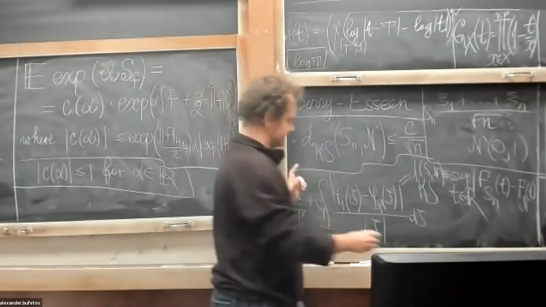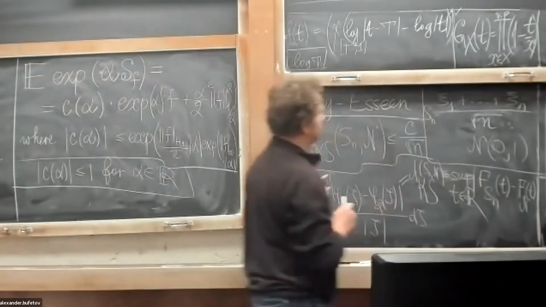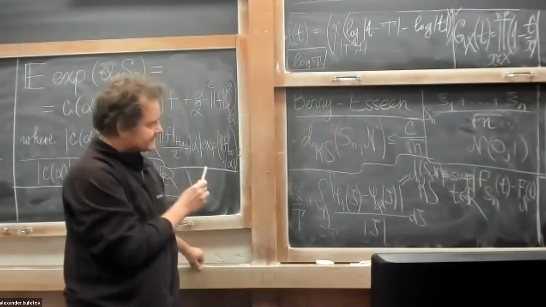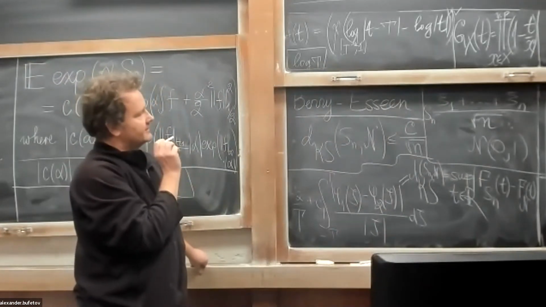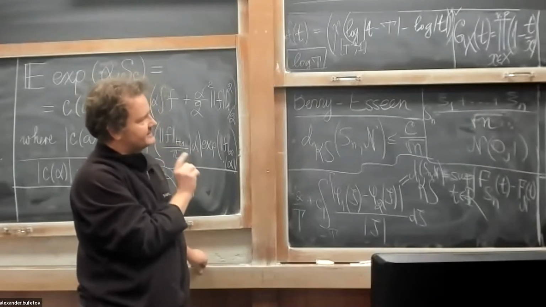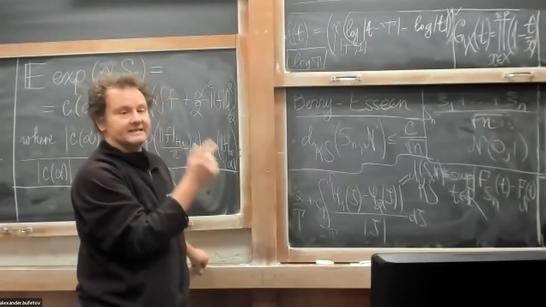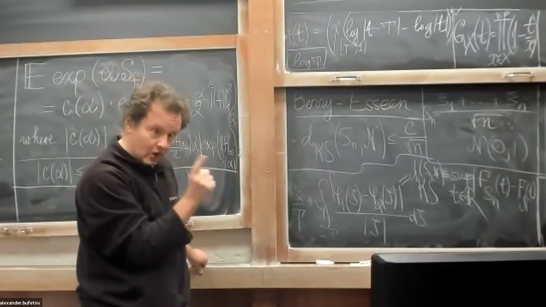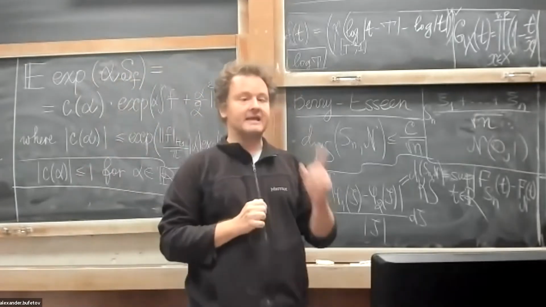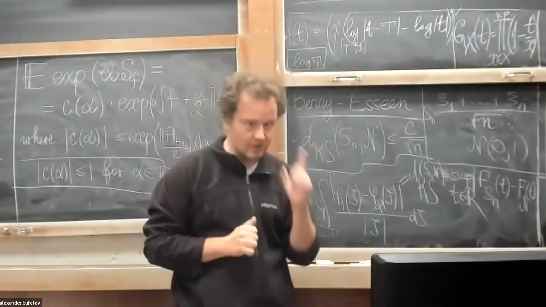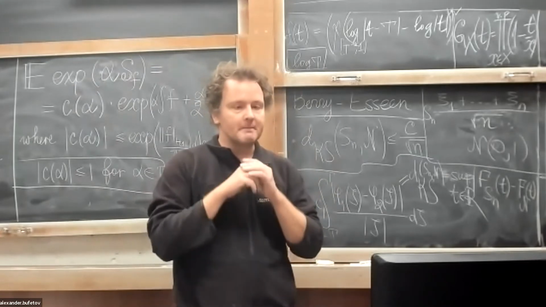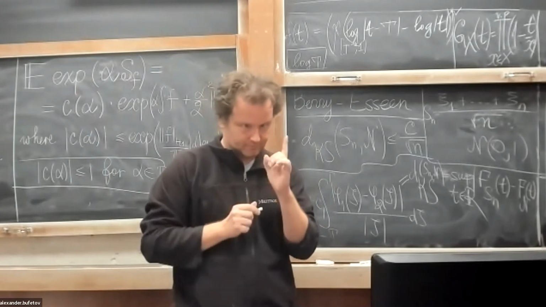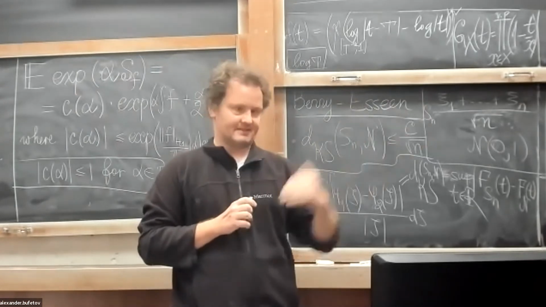But my point here is that this Berry-Esseen inequality does not give any information for tails.